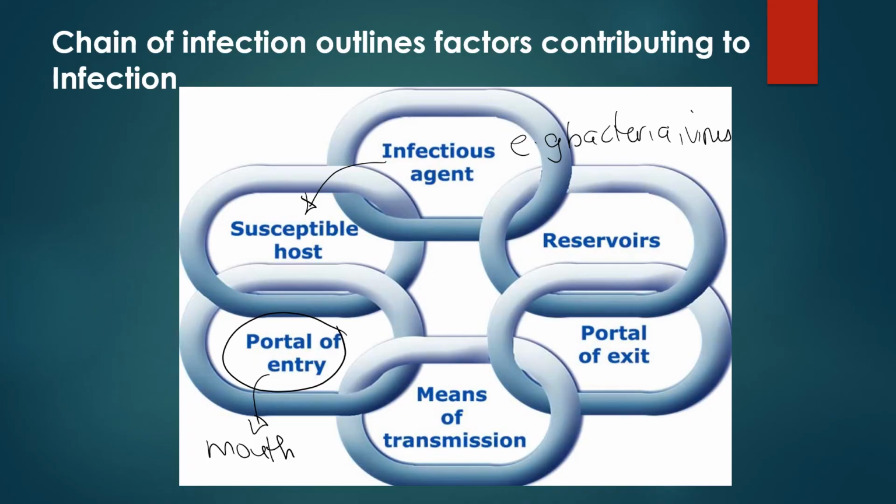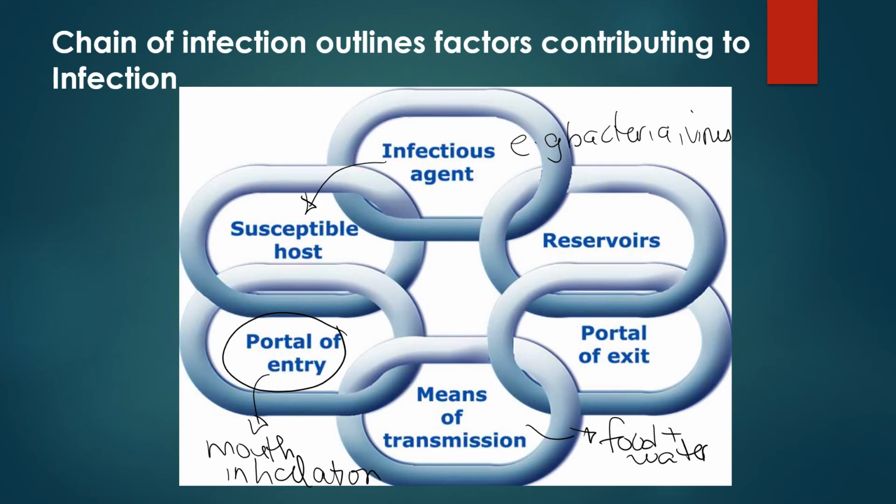It could be via inhalation, so via the nose. Most of our things like influenza, we inhale that pathogen. Then we have to figure out the mode of transmission. For example, hepatitis A or E is through contaminated food and water, I should say.